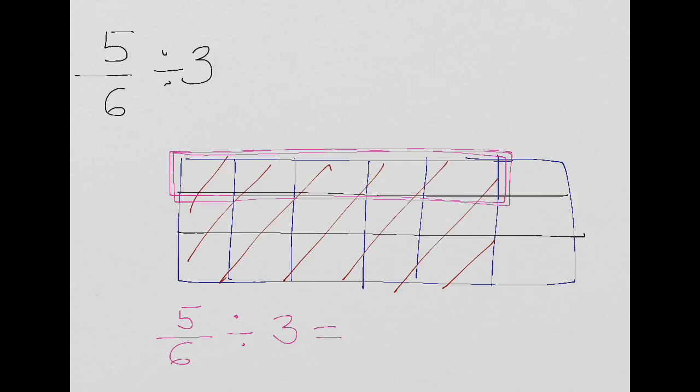Have a go. So I'm hoping that you've noticed how many pieces it's divided into, so what my denominator is. So my denominator is 18. And how many pieces does that one person get? 5. Did you get that?